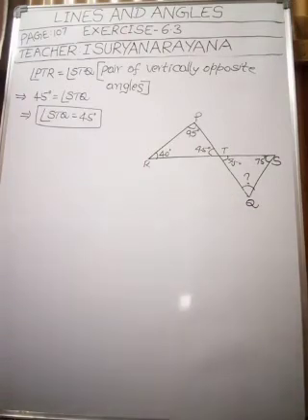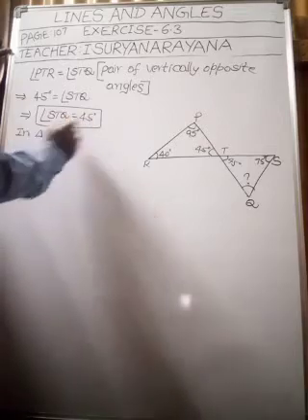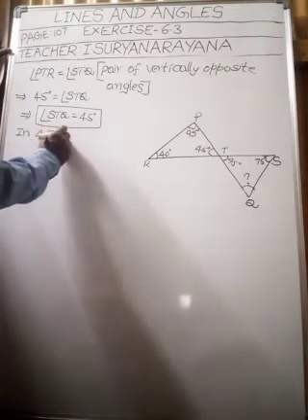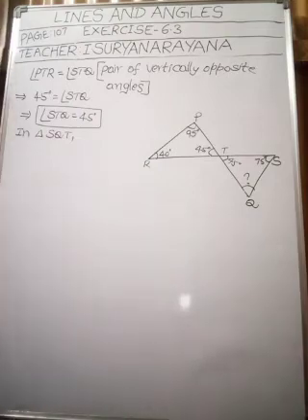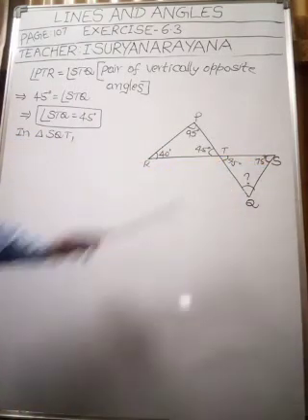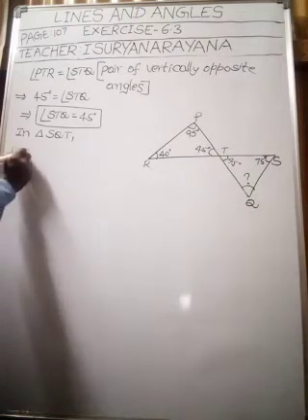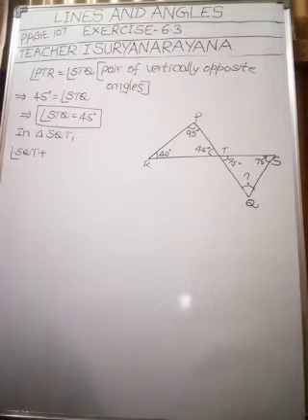Okay, my children? Right. So in triangle SQT, angle SQT plus angle STQ plus angle TSQ is equal to 180 degrees, because of the angle sum property.